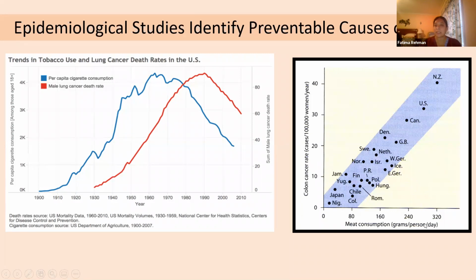Another example is looking at colon cancer rate, cases per 100,000 women per year, in various countries. And this is looking at meat consumption per person and how that relates to colon cancer. Now, specifically, meat consumption can sometimes increase the rate simply because the animal, whatever it has consumed, has also already affected its system.